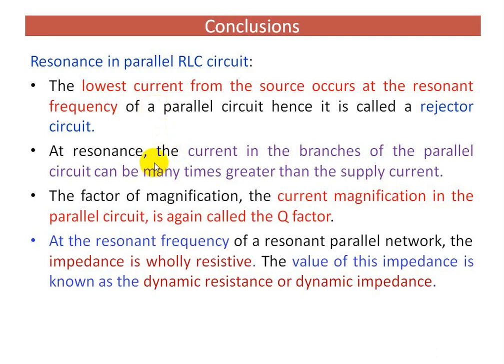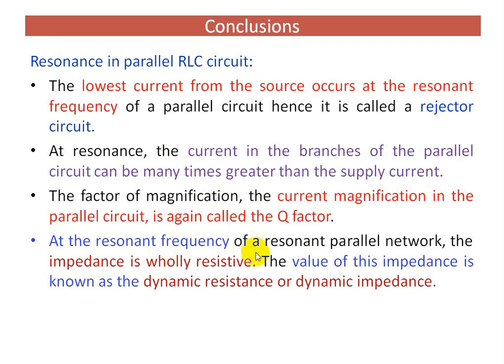Similarly, at resonance, current in the L and C branches can be many times greater than the supply current. Therefore, this circuit is also called a current magnification circuit. And this current magnification is also called Q factor.